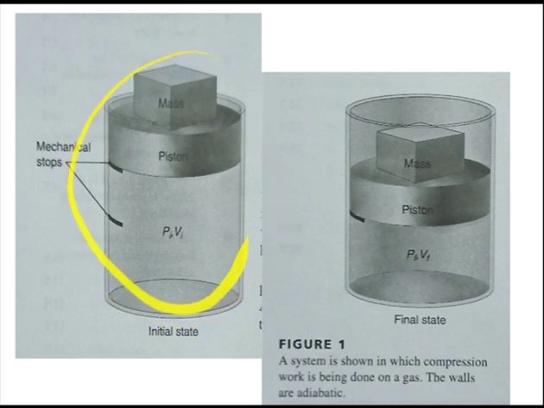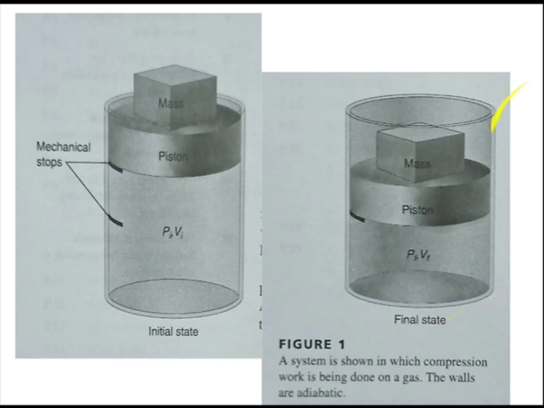Except this, everything is the surrounding, and only this one is the system. So when the gas is expanded, height is increased, and here when the system is compressed, the height of the mass is lowered and the pressure is changed from Pi to Pf and volume is changed to Vf. So this one is our initial state and this one is the final state.